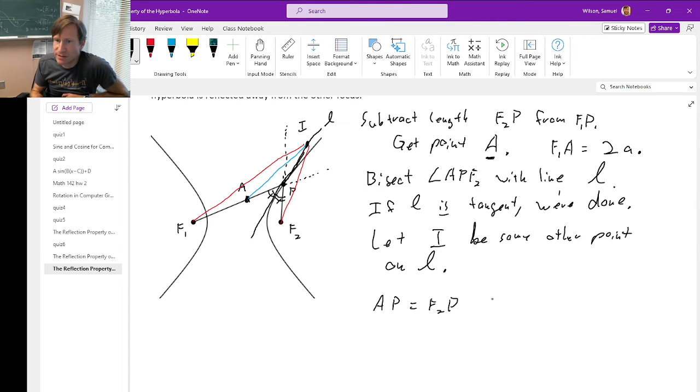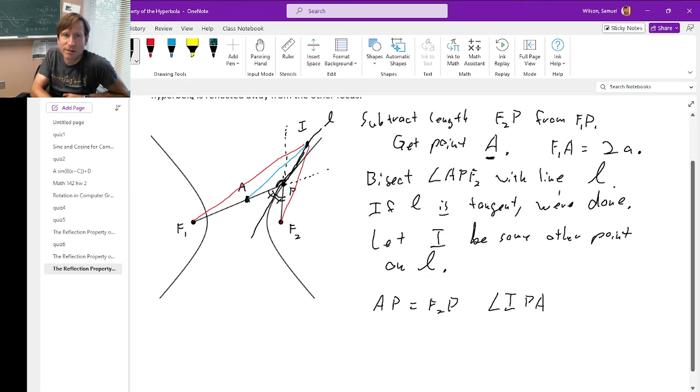Second thing to notice is that the angle from I to P to A, so this angle right here that I'm marking in blue, is equal to the angle from I to P to F2.